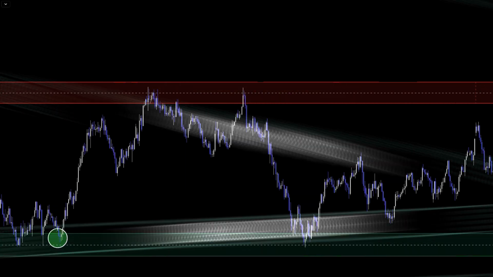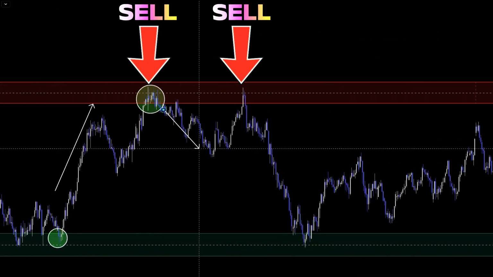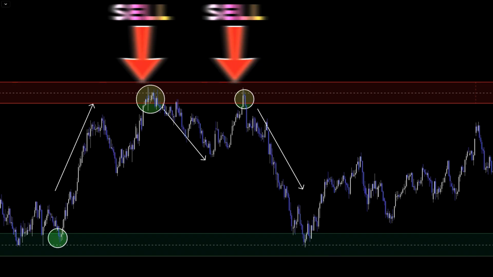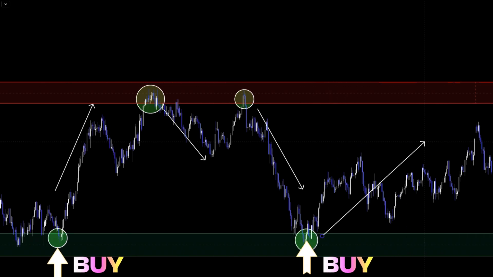Here's how we can use it. You sell when the price reaches the supply zone where sellers are active, and you buy when it dips to the demand zone where buyers are waiting. It's a straightforward way to trade when the market's not in a rush.